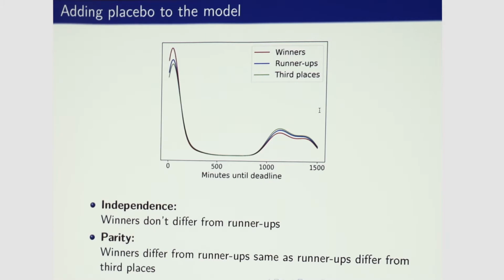So how does this change our method? Well, we don't assume independence, we assume now what we call parity, which is that winners do differ from runner-ups, but the same way as runner-ups differ from third places. And so if you look at the picture at that left top part, it means that not all the excess of red over blue is due to corruption, but only that part of it that cannot be explained with excess of blue over green.